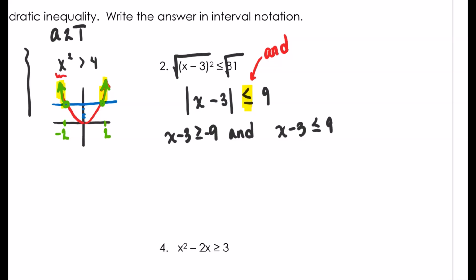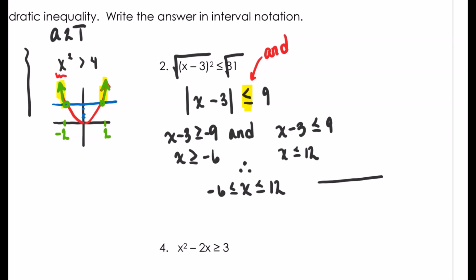All right, now we're going to go ahead and solve each one. So I get x is greater than or equal to negative 6, and x is less than or equal to 12, and then I merge them back together. So I get negative 6 is less than or equal to x, which is less than or equal to 12.